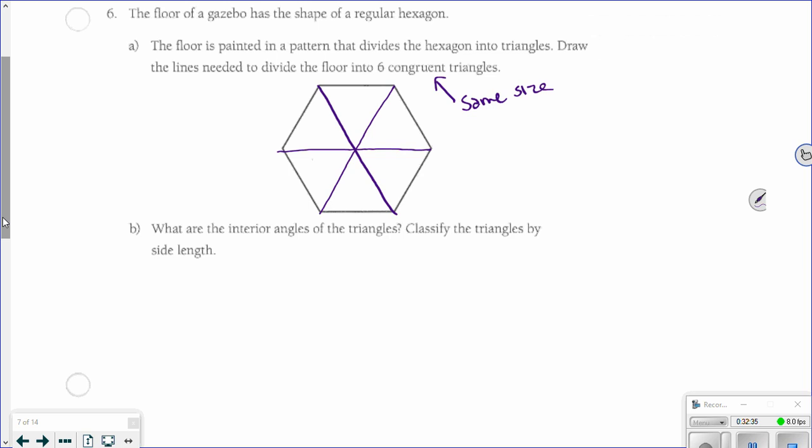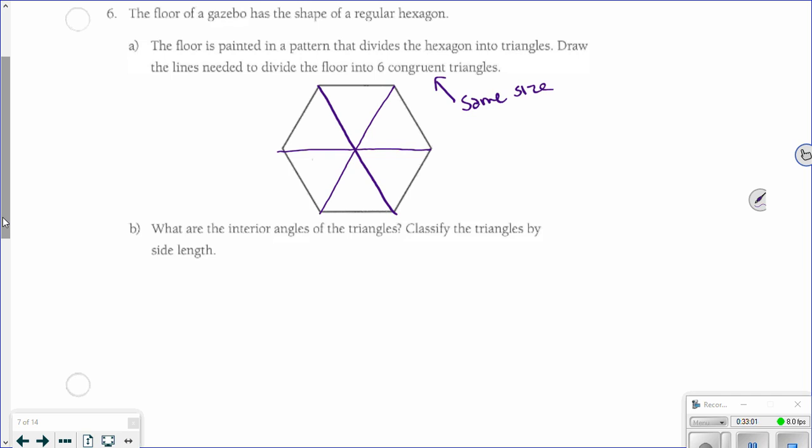The next piece says, what are the interior angles of the triangles? Classify the triangles by side length. Okay, so I don't have a formula to find the interior angle of those triangles because I don't know if they're regular triangles or not. I don't know for sure if those side lengths are the same.